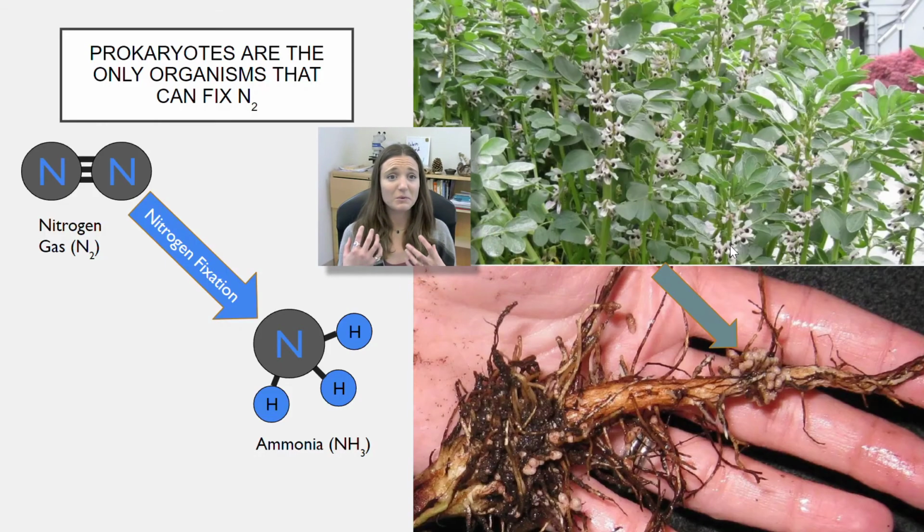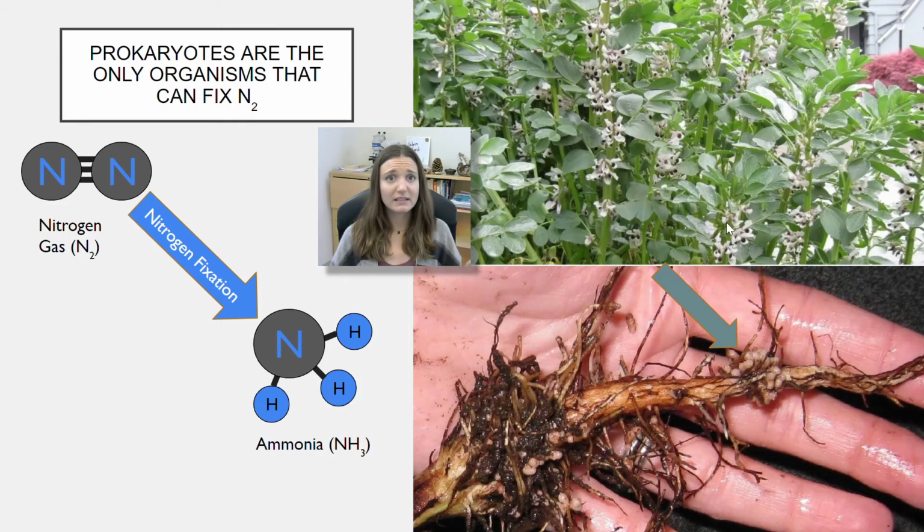One of the most amazing things, I think, about prokaryotes is that they are some of the only organisms that can fix nitrogen gas. That term fix basically means to turn something from inorganic to organic. So nitrogen gas is all around us in our atmosphere, okay?